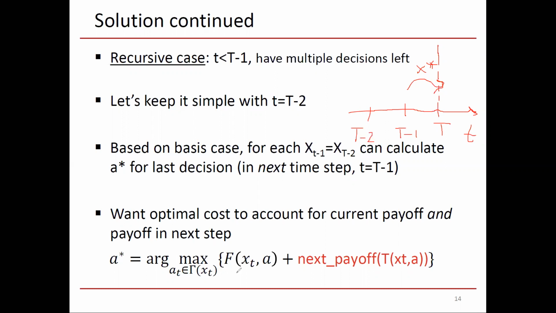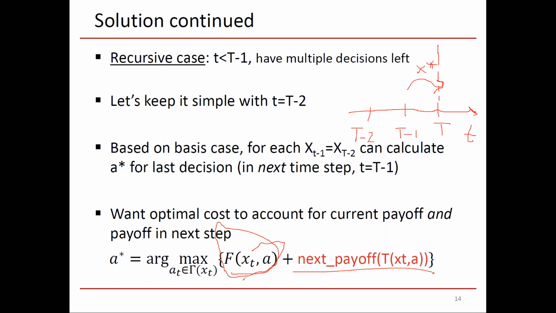optimize the current utility or cost that we're going to receive, f(xt, a) right now, plus the next payoff. The next payoff is the utility of the state that we're going to reach at time capital T minus 1. So we're going to choose the action that accounts for the sum of the payoffs, utilities, costs, whatever you want to call it.